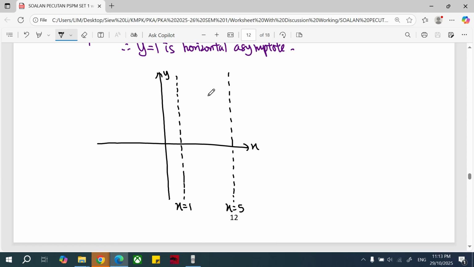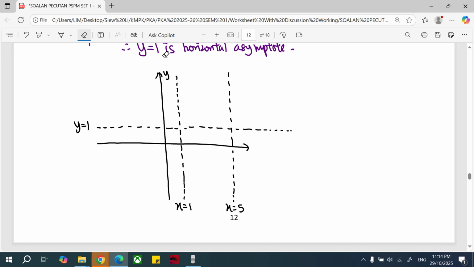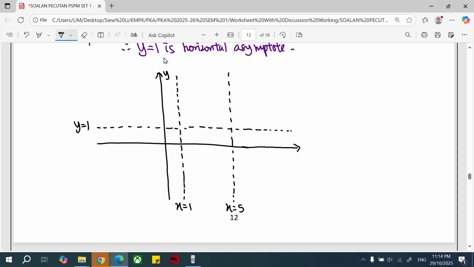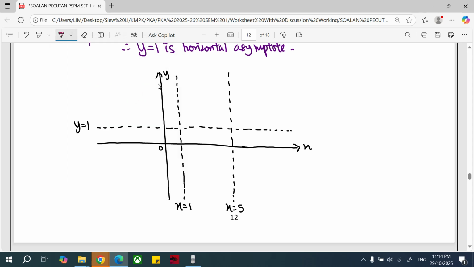Then the horizontal asymptote you also need to label: y equals 1. So make the x-axis longer. The origin we label. Alright, so we start our graph here.